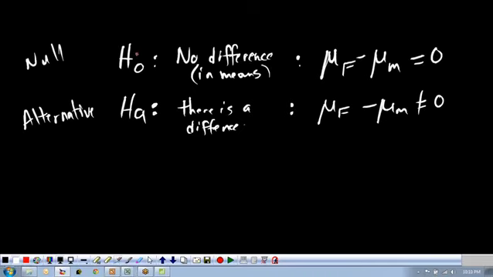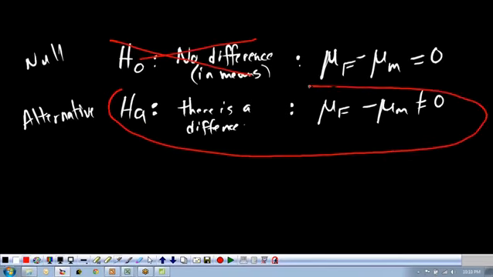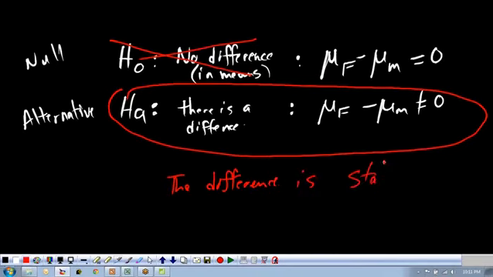We assumed it was innocent, no difference, but we're rejecting that in favor of the alternative. There is a difference, and that just means that the difference is statistically significant.